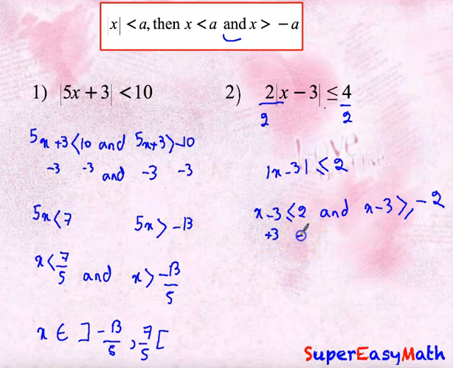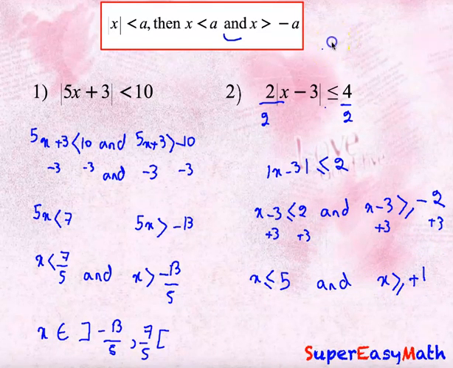Add 3 on both sides, so x smaller than or equal to 2 plus 3 equals 5, and the same here, so we add 3 on both sides. Minus 3 plus 3 is 0, so x greater than or equal to minus 2 plus 3 equals plus 1.